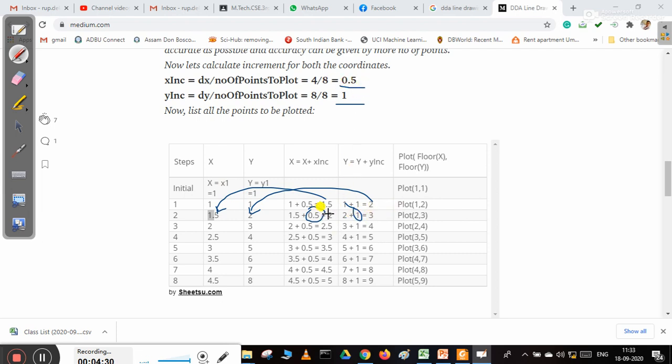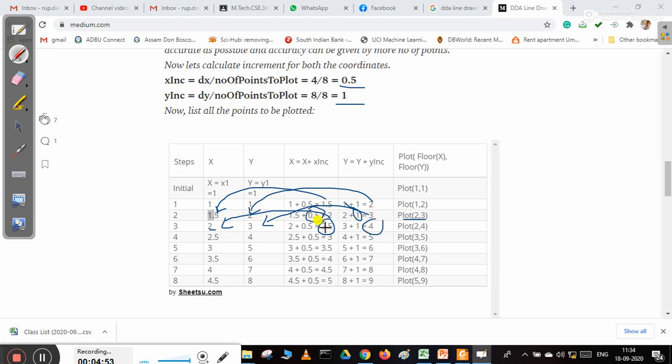So again we get 2 and 3, which is directly an integer value, so I directly plot that. That 2 is here, that 3 is here. And again adding that, we take the closest value. 2.5 becomes 2, and 4.